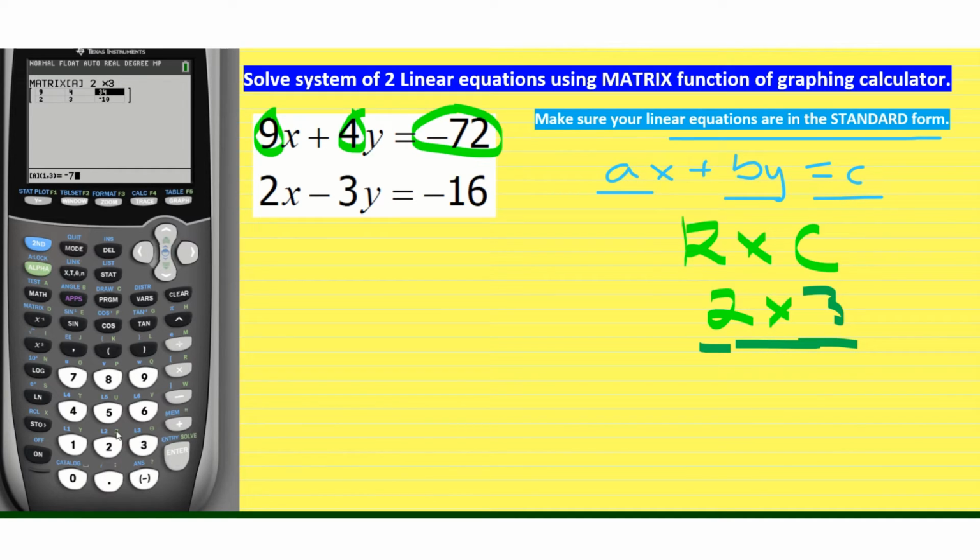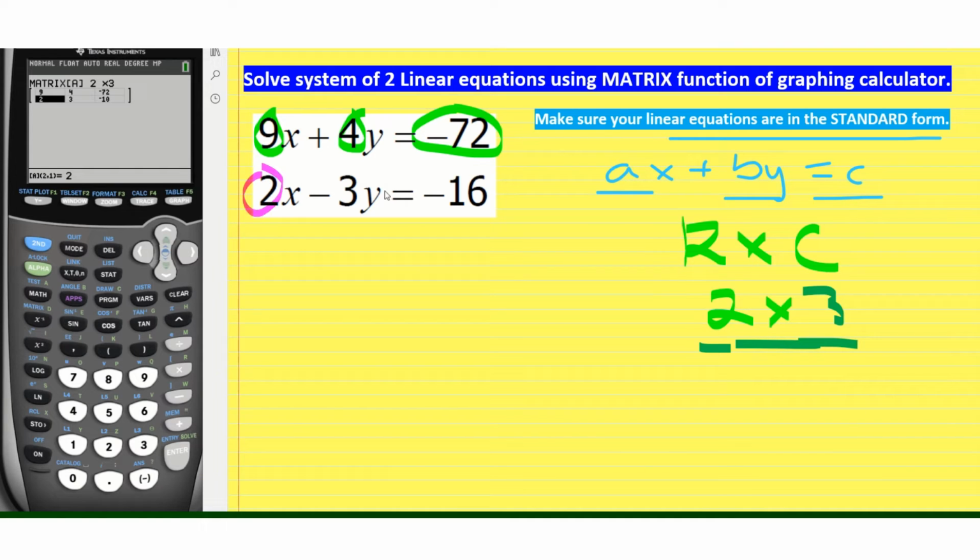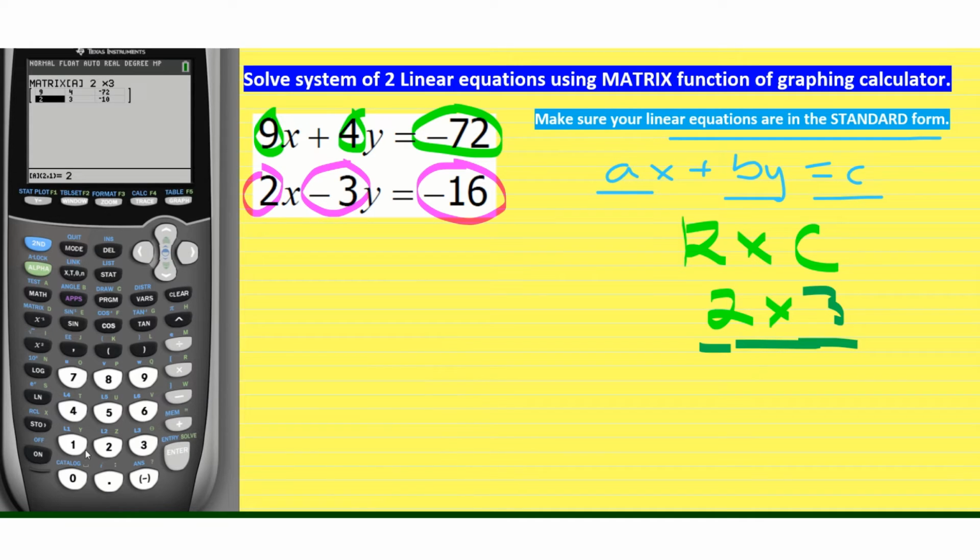So -72, enter. My first row has been entered. Now I'm going to put the second row of data in, which will be my 2, my -3, and my -16. I'm going to put 2, enter, -3, enter, -16.